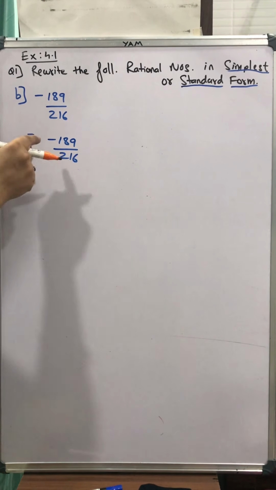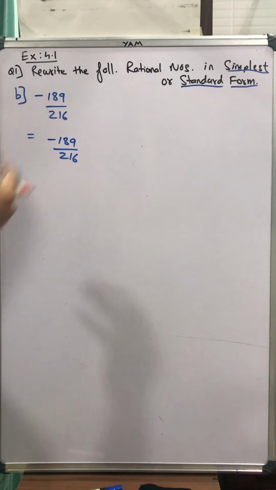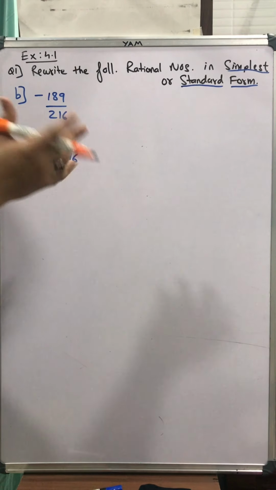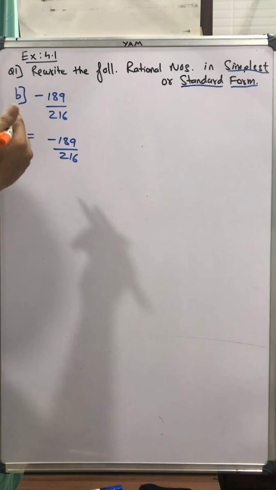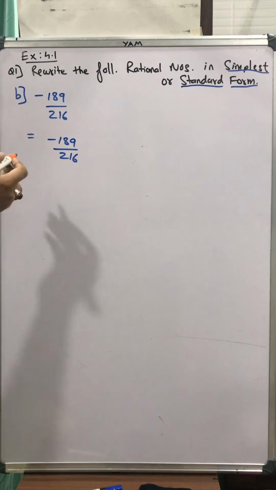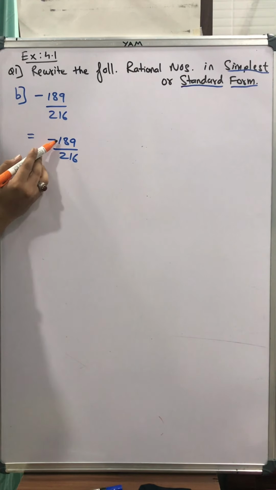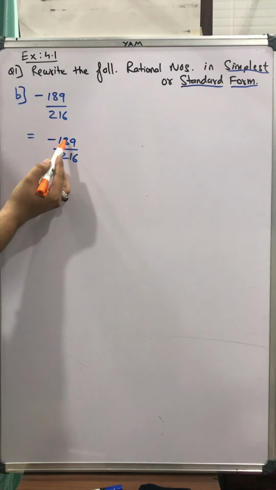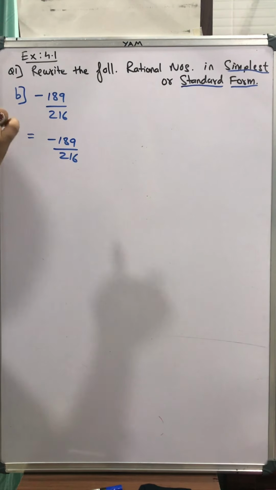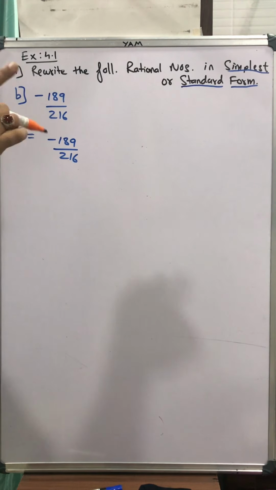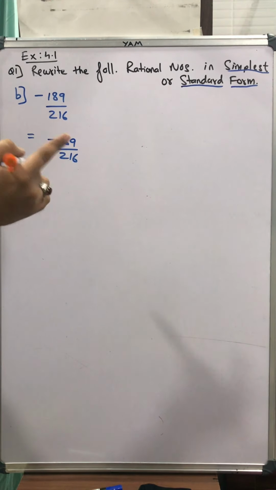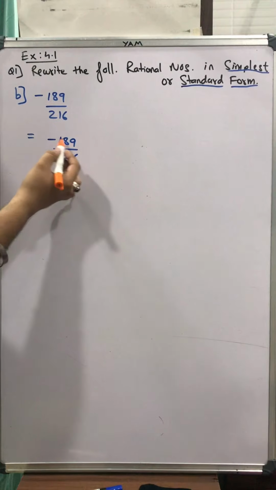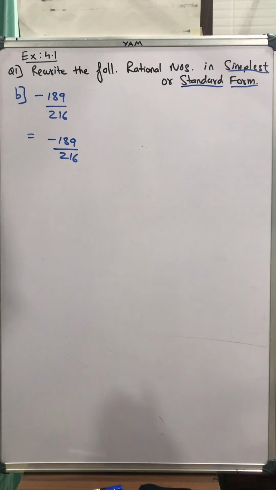All of you pay attention to how to check whether a 3-digit or 4-digit big number is divided by 3 or not. Please see the shortcut, the trick of checking. Add all the digits. Here I have 1 plus 8, it is 9. 9 plus 9, 18. Does 18 go in the 3 times table? Yes. So if 18 goes in the 3 times table, that means 189 will also go in the 3 times table.